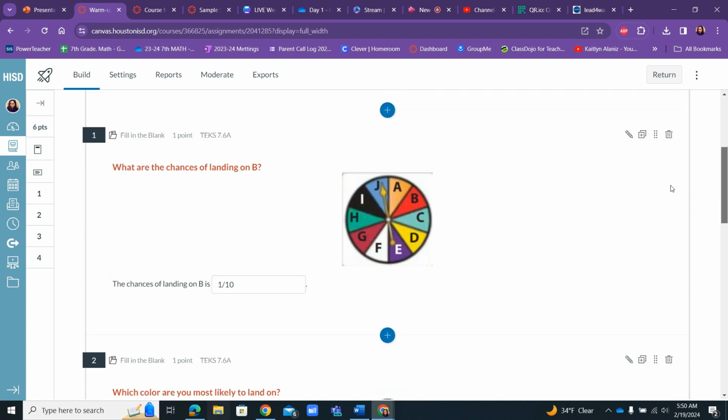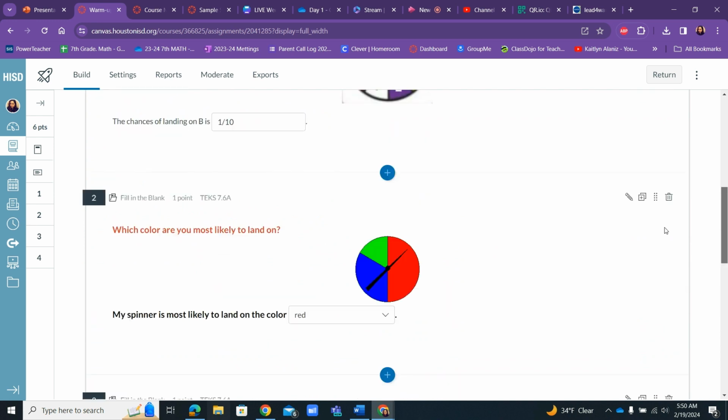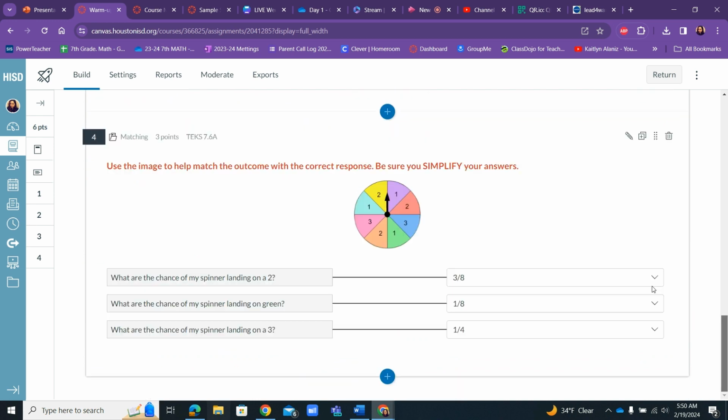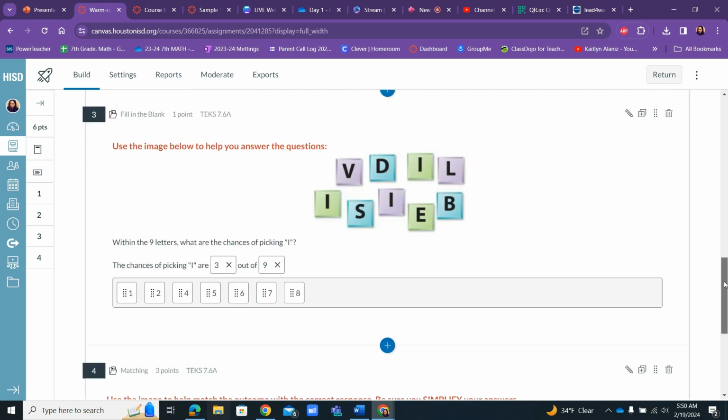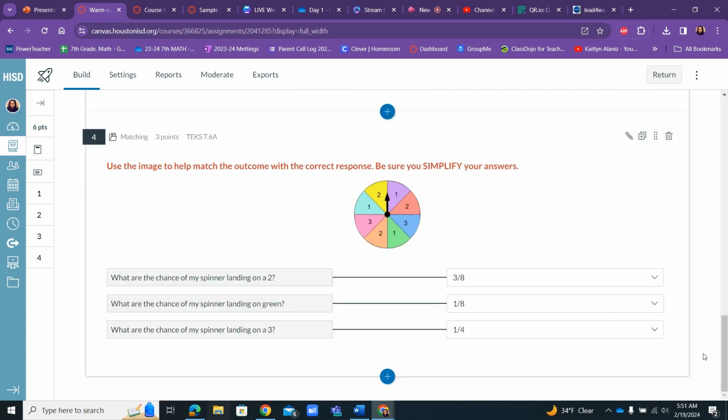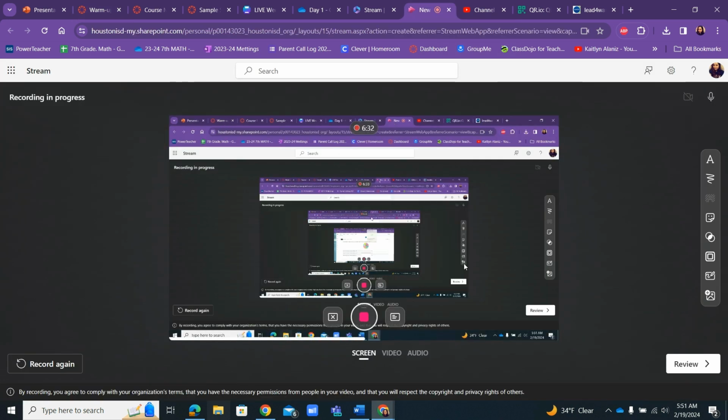I've now covered fill in the blank with open response, fill in the blank drop down, fill in the blank with word bank, and matching. All of these are pretty easy and something that I recommend for beginners whenever you're creating your own quizzes. Okay, so aside from that, that's it.